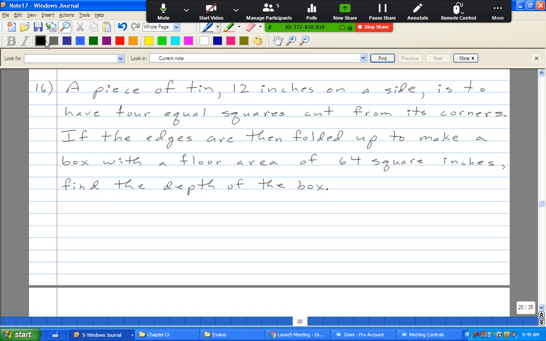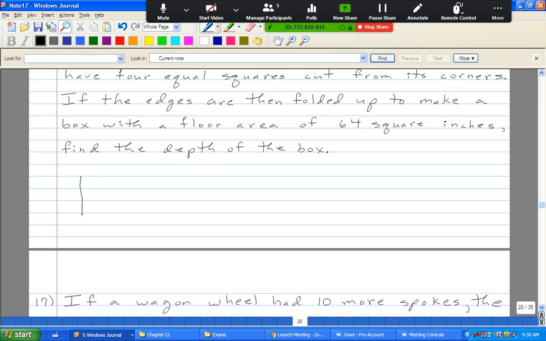Okay, so let me draw this. So this is 12 inches. This is 12 inches. We then cut out x inches from each of these corners.